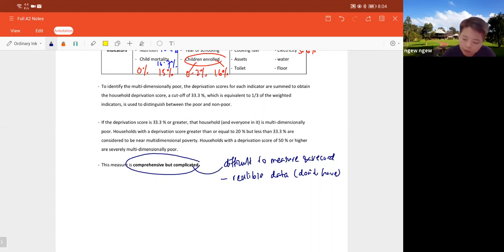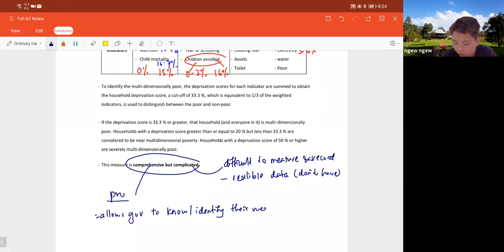But it is comprehensive, as in this is the pro, where it allows government to identify their weaknesses and which aspect to improve. So that is the multidimensional poverty index, okay? All right, so guys, this is basically the general indicators for standard of living.